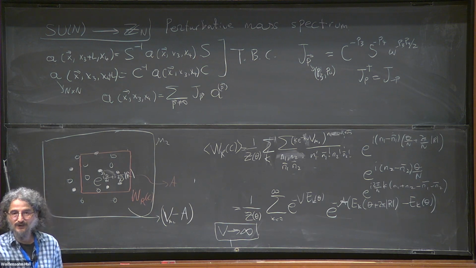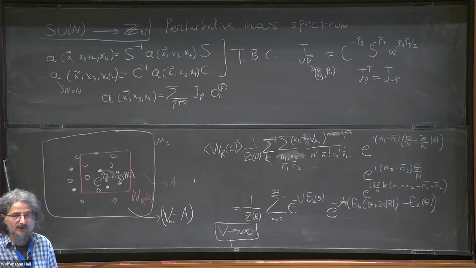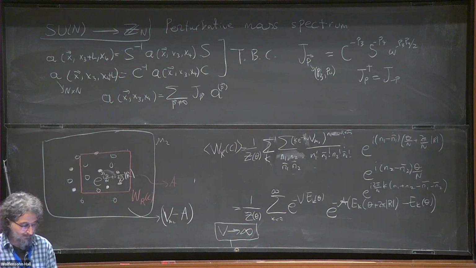You cannot use a background flat connection. You have to use genuine background magnetic fields, and you can achieve 't Hooft flux again. And that may provide a hint between these two, because you start with some abelianizing picture, but it's an open problem.